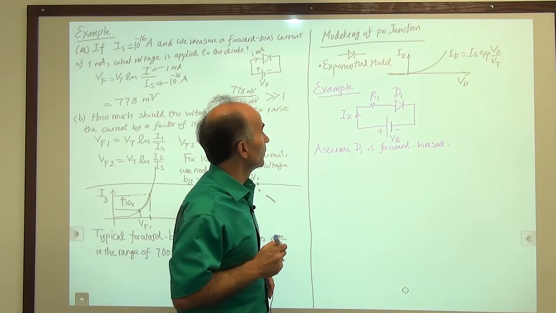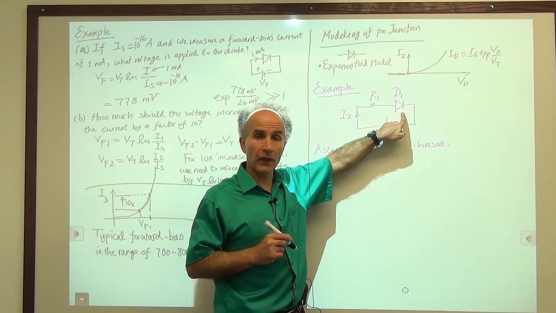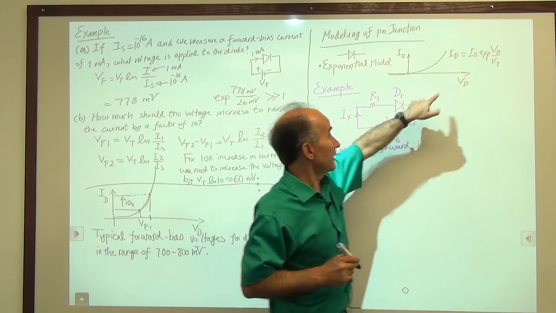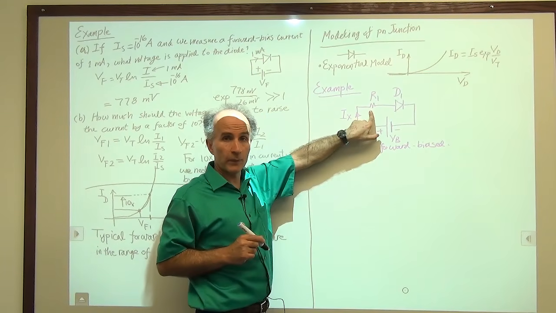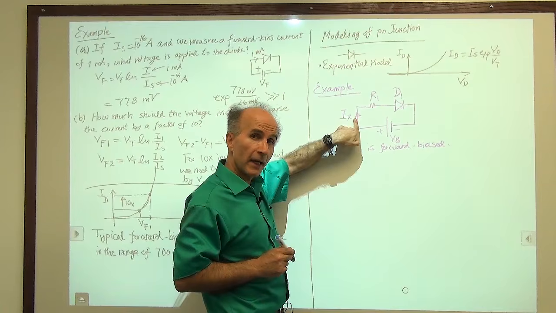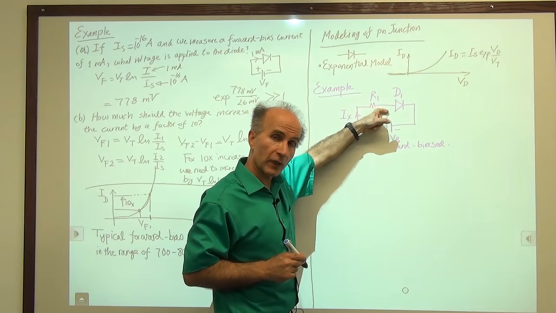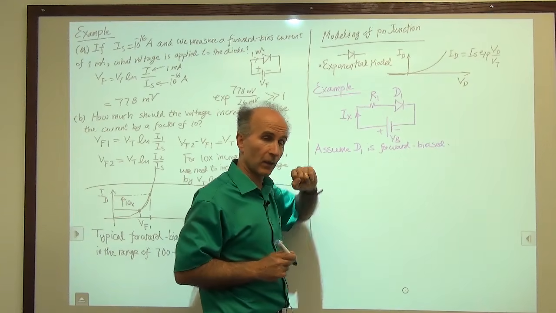Well, we cannot write Ohm's law for the diode. The diode is governed by this equation, not by Ohm's law. But the resistor is governed by Ohm's law. So if this current is called Ix, and it flows through R1 from left to right, it generates a voltage across R1 according to Ohm's law.